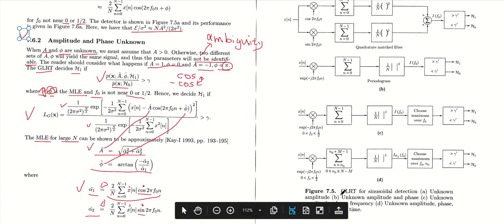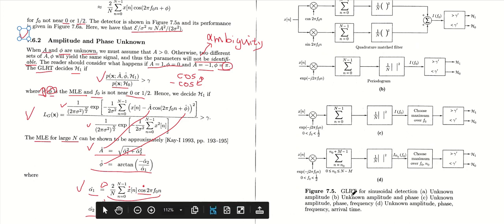This is the GLRT for sinusoidal detection: GLRT for sinusoidal detection for unknown amplitude and phase, unknown amplitude, phase and frequency, unknown amplitude, phase, frequency, and arrival time. So you have a lot of different combinations.